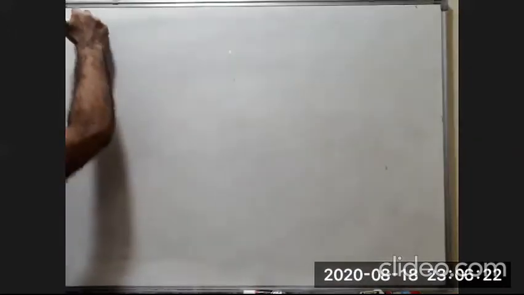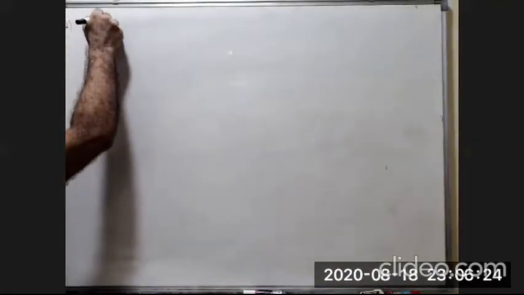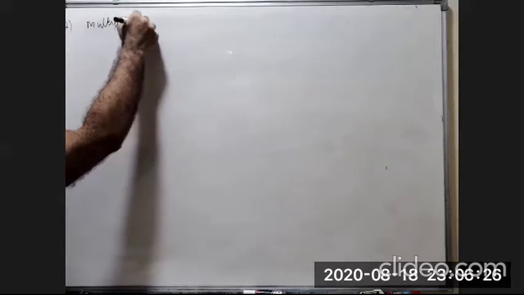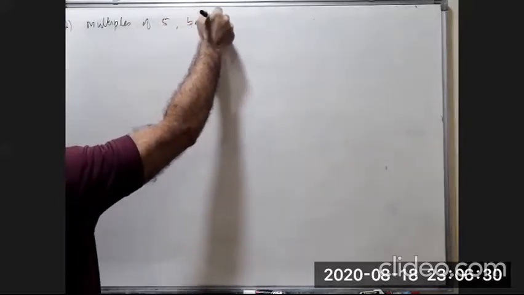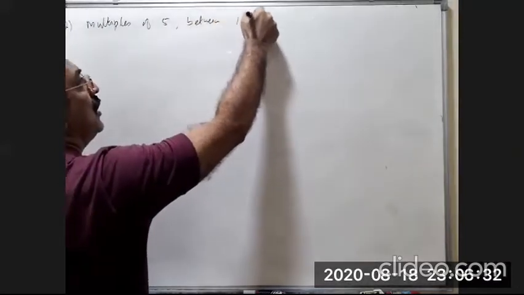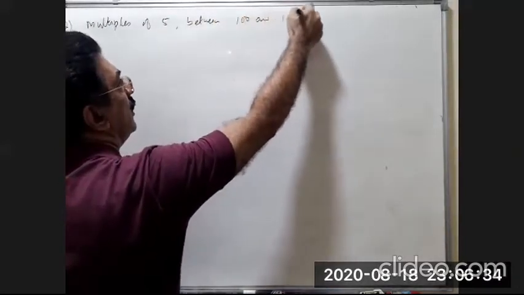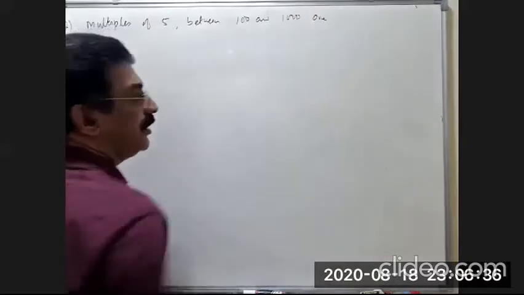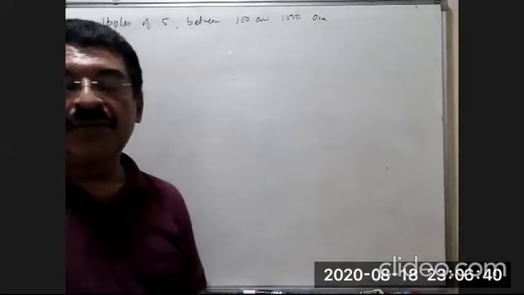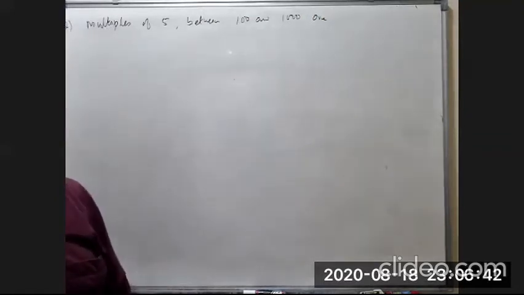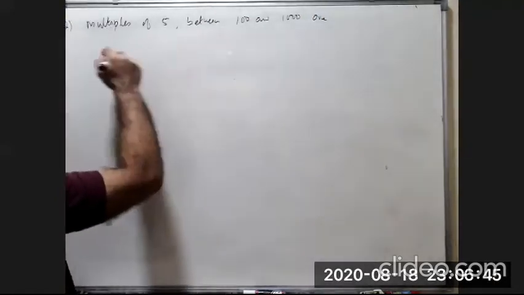Lying between 100. So the multiples of 5 between 100 and 1000, list out those numbers. Which are the multiples of 5 between these? Between means 100 is not included.